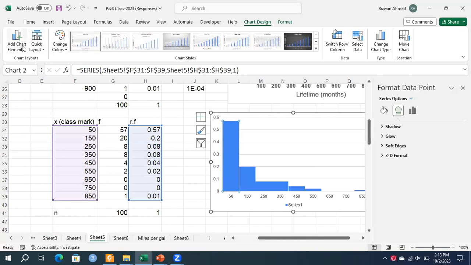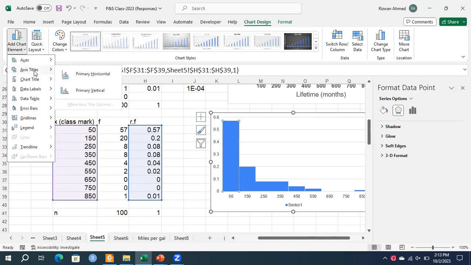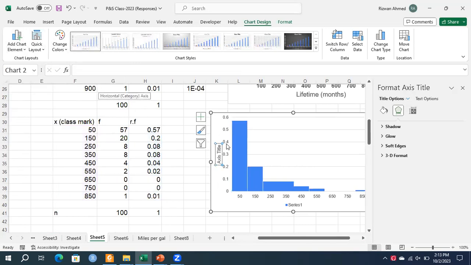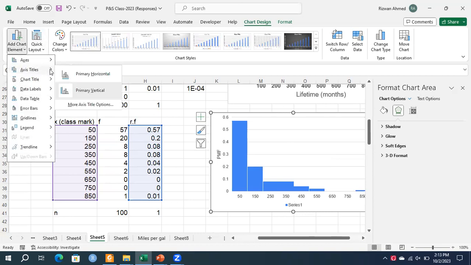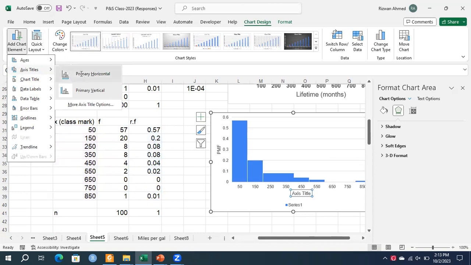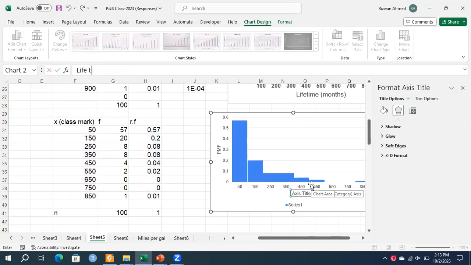So as a matter of information, I add the axis title for the vertical axis, as this is the PMF, probability mass function representation, right? And in probability theory, we have certain models for which we can write the equation for probability mass functions. For the x-axis, it is the lifetimes, months.